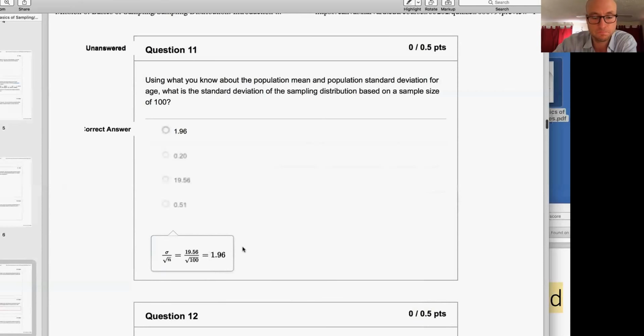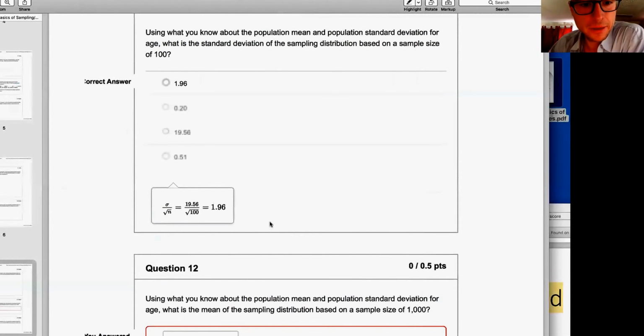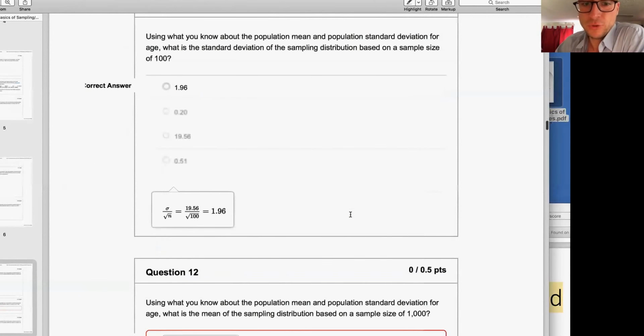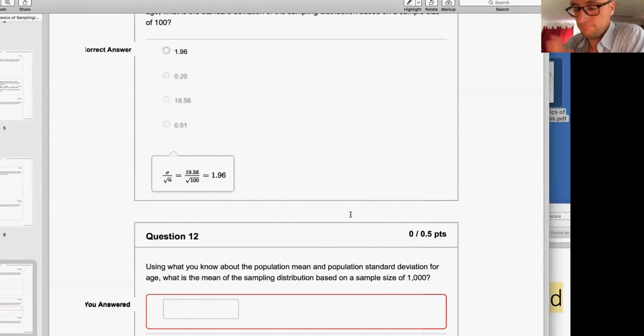It's about 2. Now that's an interesting value because it's about 2 years away from the mean.